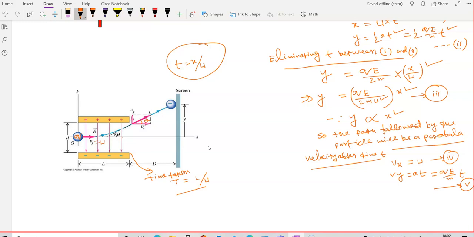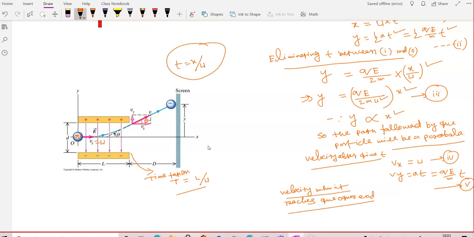So what is the velocity when it reaches the other extremity, the other end of the capacitor plate?